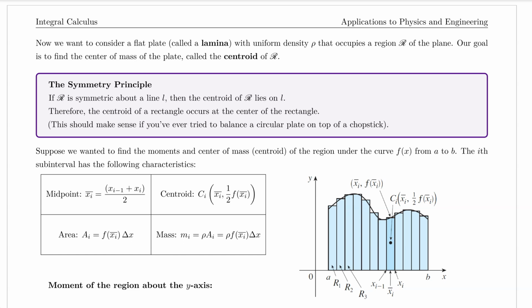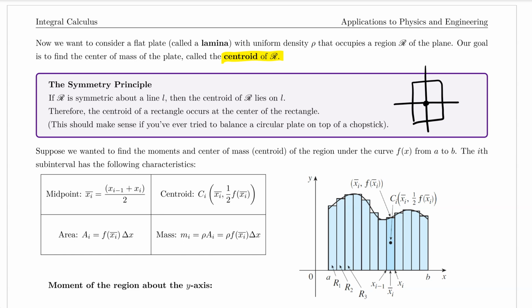Our goal is to find the center of mass of the plate called the centroid of R. So let's talk about the symmetry principle, which says if R is symmetric about a line L, then the centroid of R lies on that line L. Therefore, the centroid of a rectangle occurs at the very center of the rectangle, because it's symmetric this way, and it's also symmetric this way, so its center of mass would be right at the center of the rectangle. This should make sense if you've ever tried to balance a circular plate on top of a chopstick.